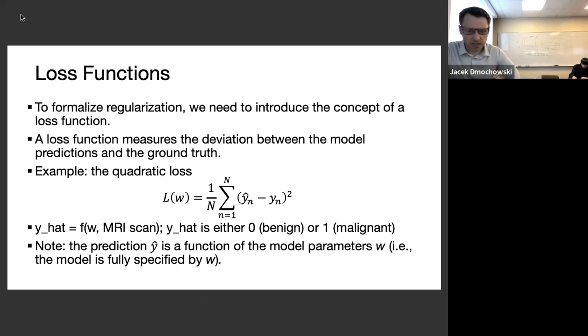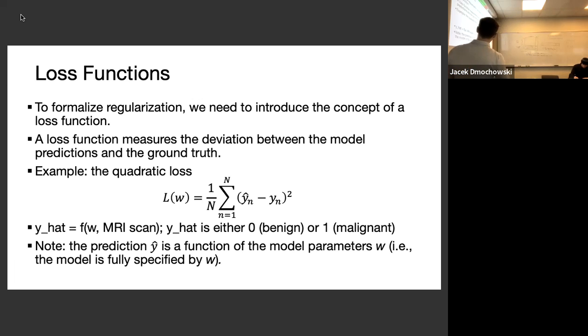Okay, so I've already talked about this, but the quadratic loss, or the mean squared error loss, is the simplest loss function to understand. When you're performing your fitting procedure, your training, you're looking to find the W that minimizes it. So you want your model prediction y hat to be as close as possible to y.